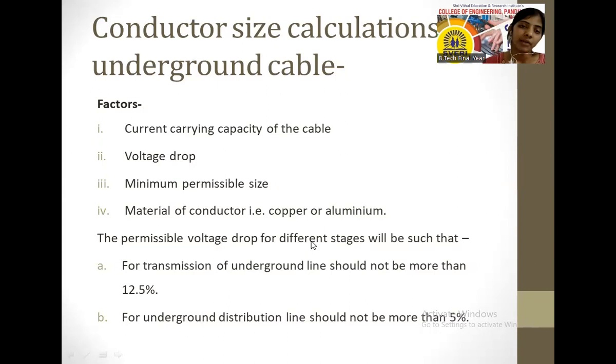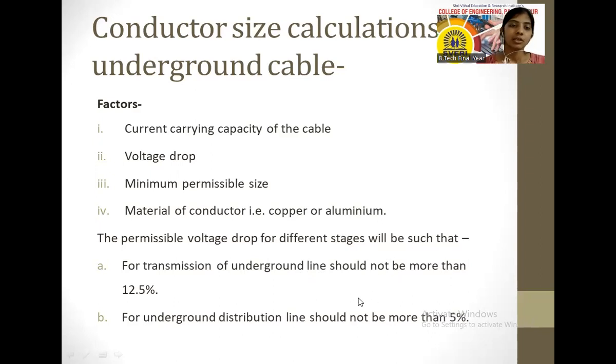Then the type of conductor which we are using, copper or aluminum, also matters. Suppose you have to select a copper conductor, then you have to refer to the table for copper conductor size calculation.